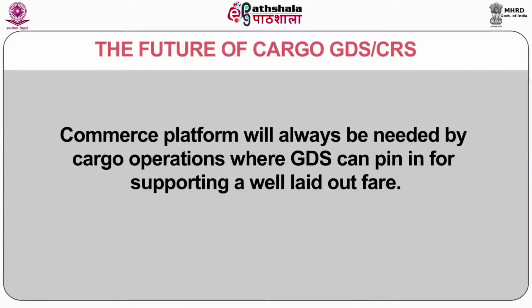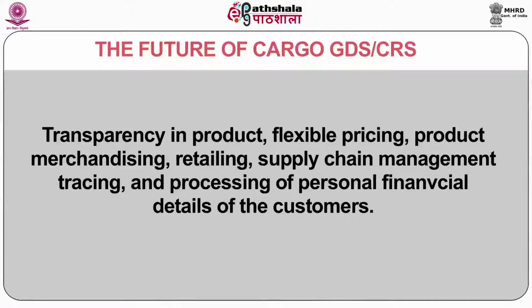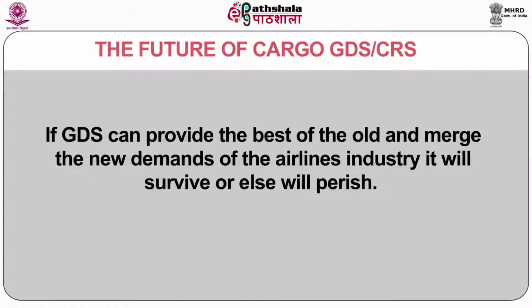A commerce platform will always be needed by cargo operations, where GDS can step in to support a well laid out fare, transparency in product, flexible pricing, product mechanizing, retailing, supply chain management, tracing, and processing of personal financial details of the customers. The global distribution system can provide the best of the old and merge the new demands of the airline industry. It will survive, or else it will perish.